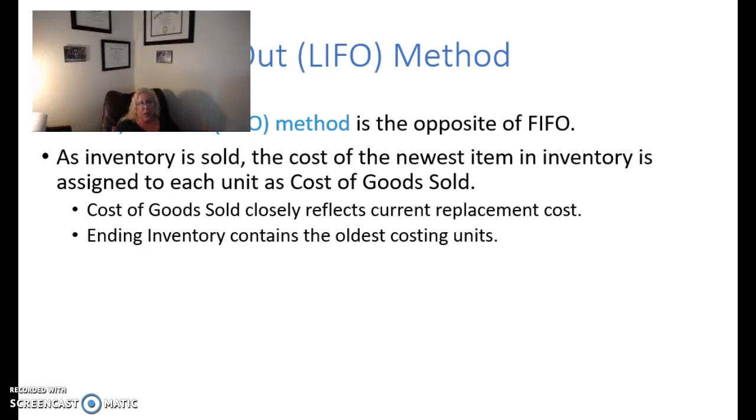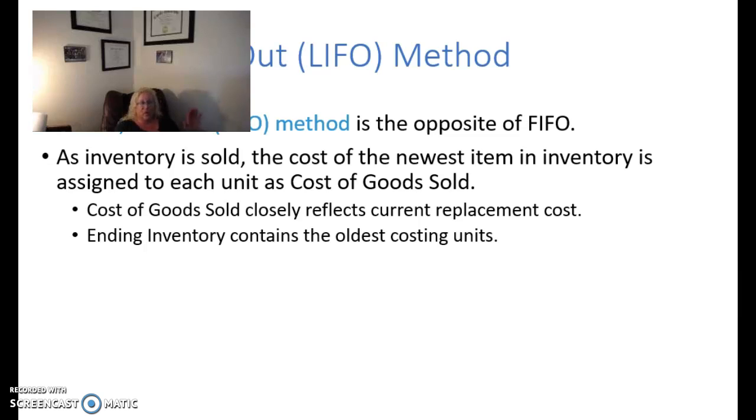So if we know that prices are always rising, and we are either taking out the oldest inventory or the newest inventory, then what we know is that when you leave the oldest units in to be assigned to the next sale, as you would do in LIFO, this is going to lower your ending inventory figure.